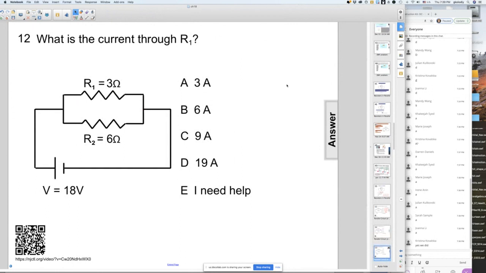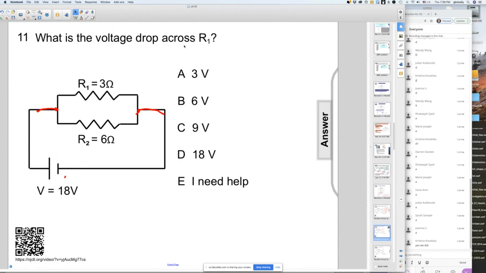Obviously, the next question is what I wanted to answer before. What is the current? Let's go back one. So what's the current that's coming out over here? This is not the question, but let's calculate it right here. Well, the total current is going to be the total voltage divided by the total resistance, which was 2, if you remember.